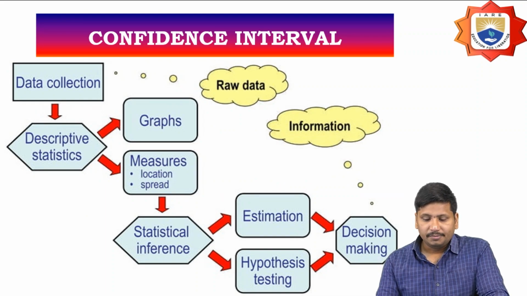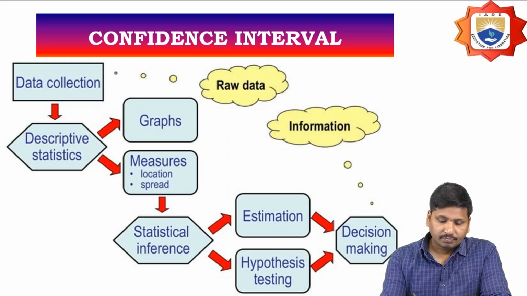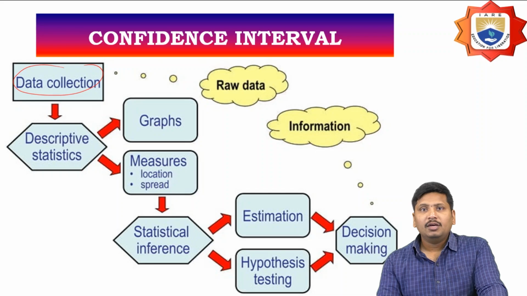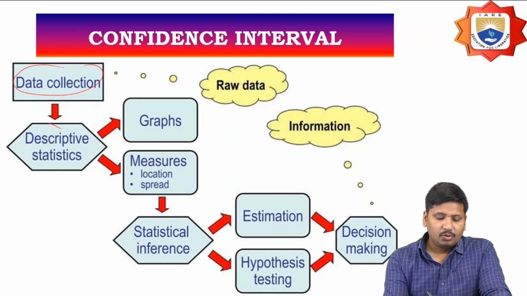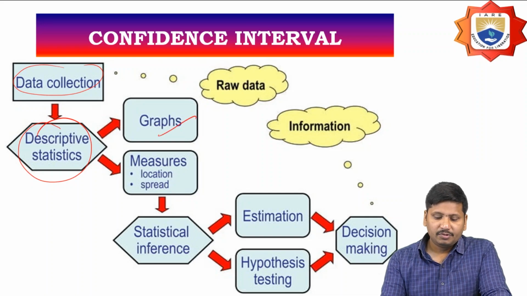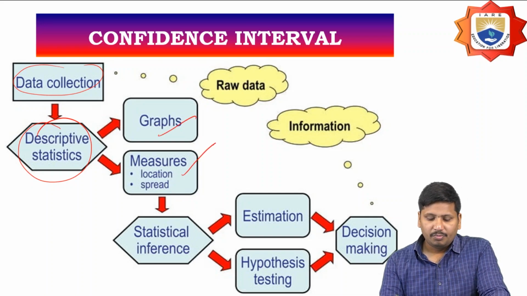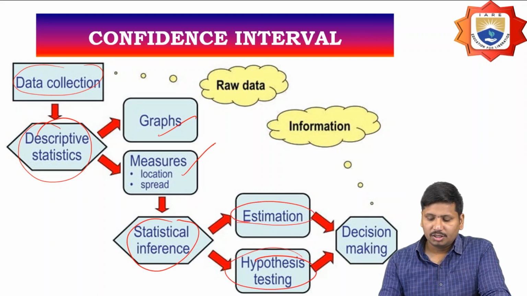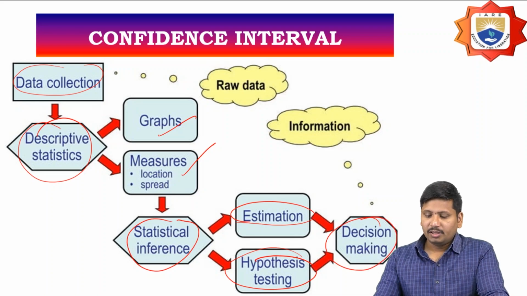So how is this confidence interval done? We have a data collection that should be treated as the raw data, and from this data collection we have to apply the descriptive statistics, either in the form of graphs and the measures, and from that we are going to apply statistical inference, which is going to perform estimation and hypothesis testing, and finally make the decision.